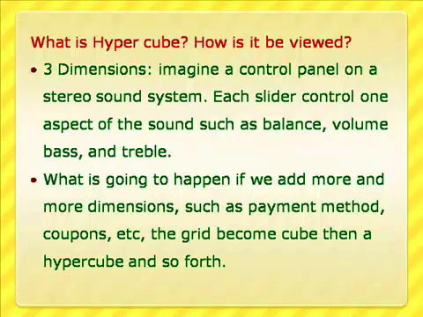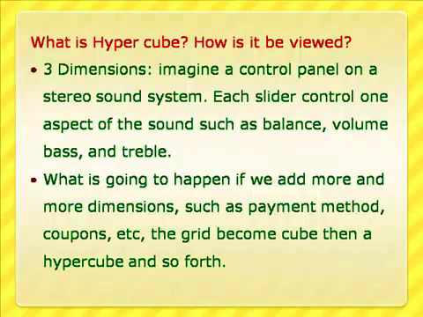What is going to happen if you add more and more dimensions such as payment method, coupons, etc.? The grid becomes a cube. That means if I add a payment method to the location and product dimensions, it is a 3-dimensional cube. When coupons are added, it becomes a hypercube, which we call 4 dimensions in this case, and so forth.